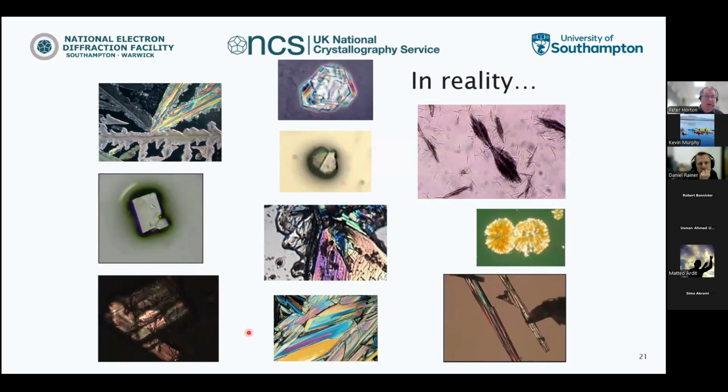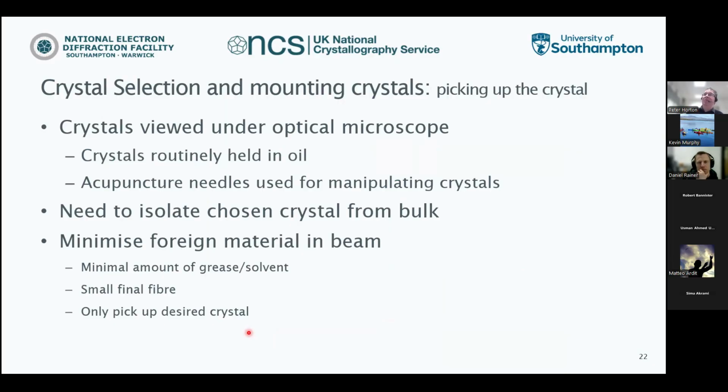Let's see. So very quickly, we want to try and select a crystal. We look at them under the microscope. We generally hold them in oil, use acupuncture needles for actually manipulating them to try and separate it. Because as I say, we want to choose one crystal, isolate it from the bulk, and pick it up. The pips we use are now a mitogen, which is almost X-ray transparent.